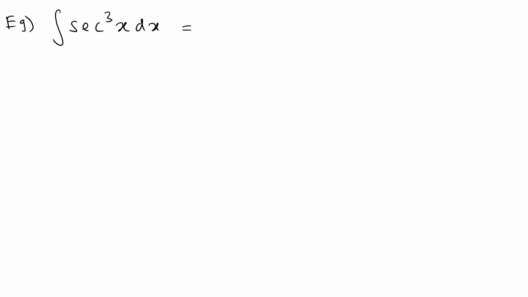The idea is, we want to rewrite this so that one part is easy to integrate and one part is easy to differentiate. How do we do that? We're going to pull out a secant term, and then we leave a secant squared term. You may wonder why we did this, but it should be clear. The second term is very easy to integrate, because if you integrate secant squared, you get tan x, and the other one is easy to differentiate.